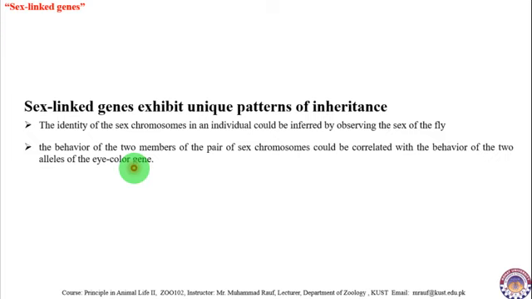So he drew a conclusion that the genes which determine eye color are located on the sex chromosomes.